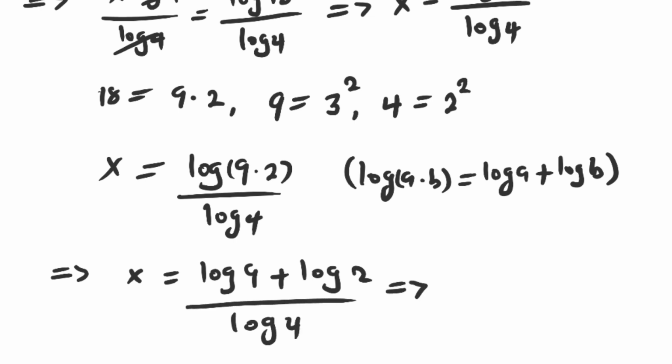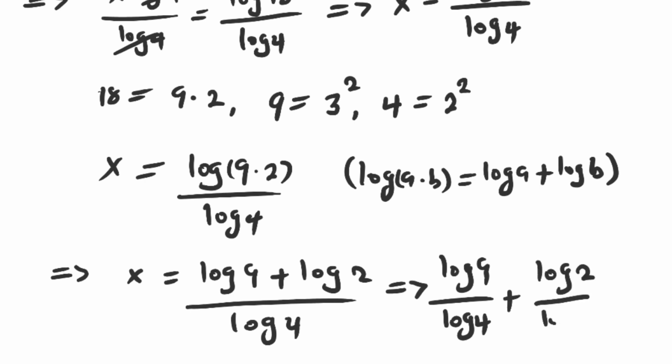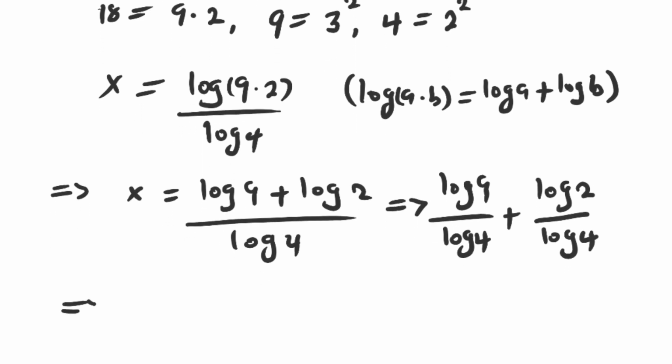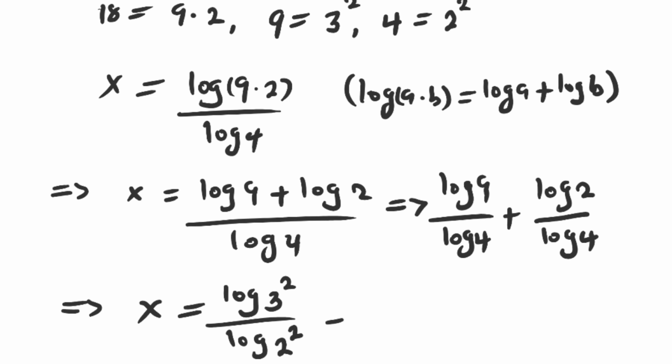And this is the same thing as log 9 over log 4 plus log 2 over log 4. x is equal to log 9 can be written as log 3 square over log 4 can be written as log 2 square, plus log 2 over log 4 can be written as log 2 square.